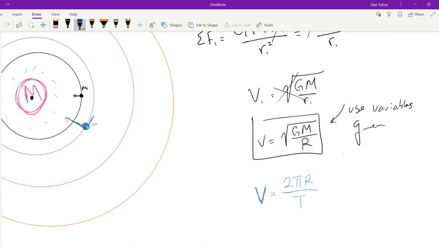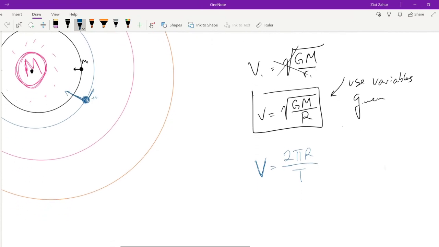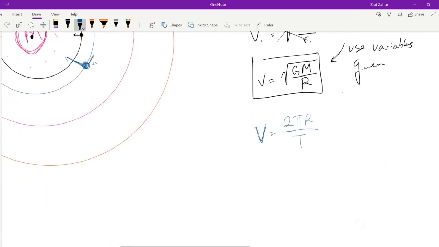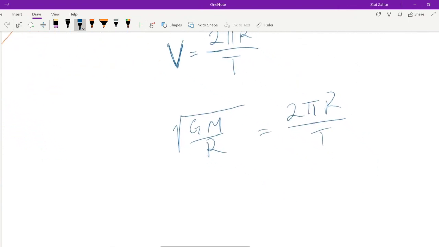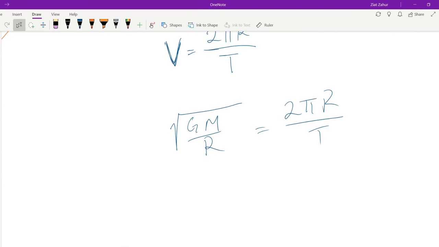So this v equation relates our period and our radius. By setting them equal to each other, the square root of GM over r must equal 2 pi r over T. We get to the Kepler proportion.